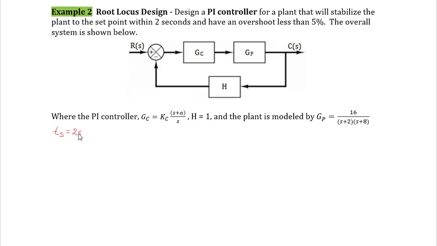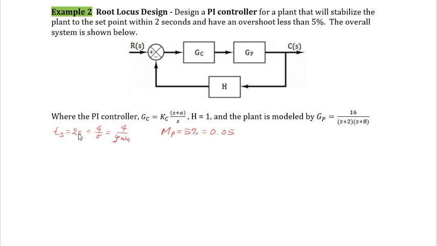And so that's going to be equal to 4 over sigma, which is 4 over zeta omega n. So either one of those formulas works here. We were also given an overshoot, M sub p, equal to 5%, which of course is 0.05. So we're going to use that to find the closed loop pole locations.